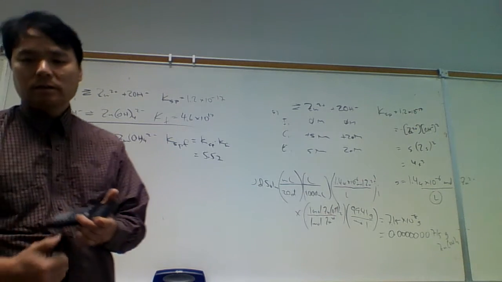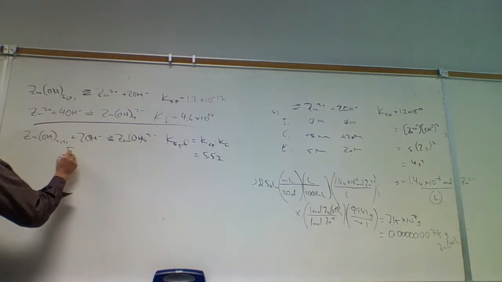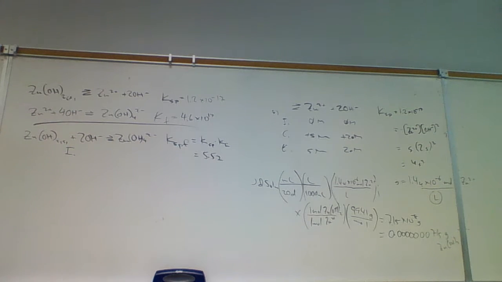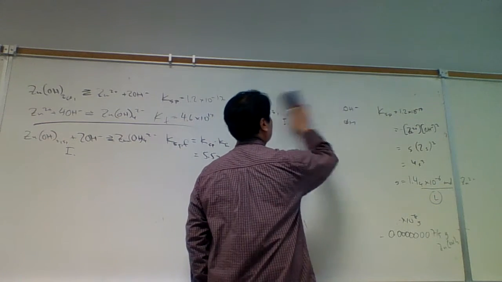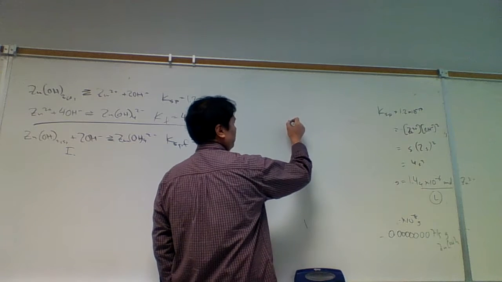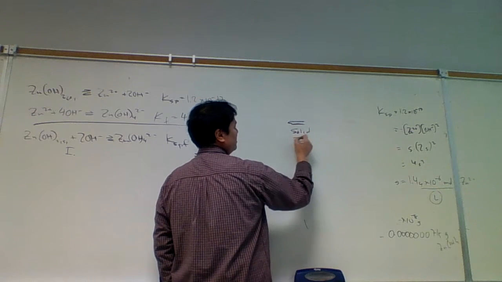Now, how do we start this ICE table? Well, the thing I'm doing here is I'm going to add it to the solid. And so I have some solid zinc hydroxide.